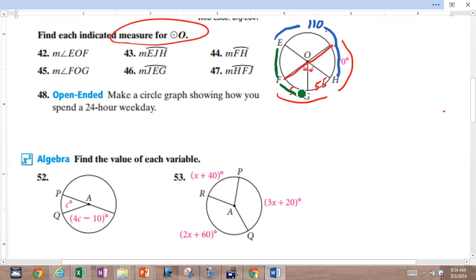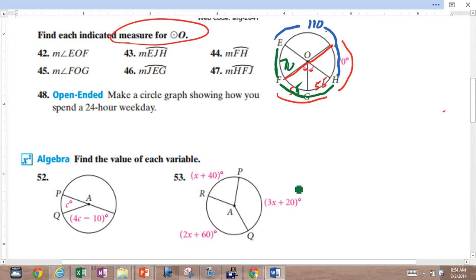This was 55 here, and along here, I'm sorry, here's 110 here. Of course, here's 70 then. And there's any number of other ways of getting that from vertical angles and the like. Some of that will come into play down here.